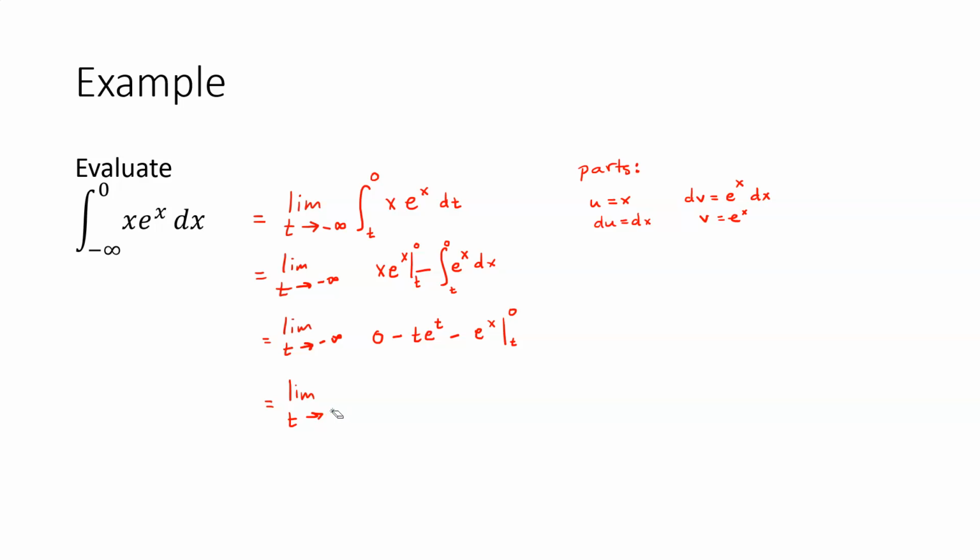And this should be -infinity. Okay, so we have negative t e to the t minus, and then this will be e to the 0 minus e to the t, so e to the 0 is 1.